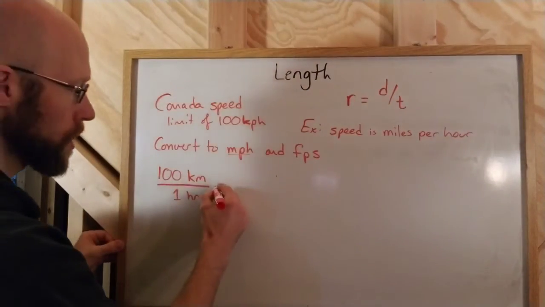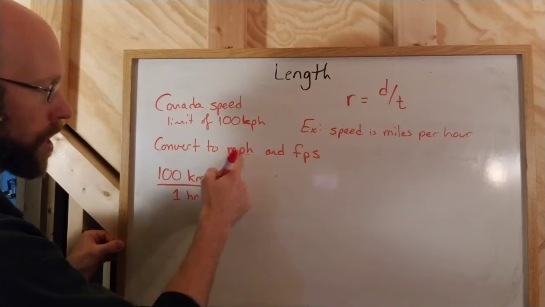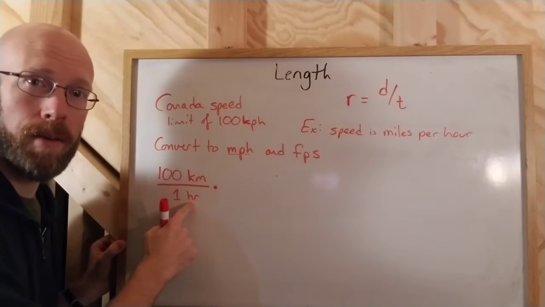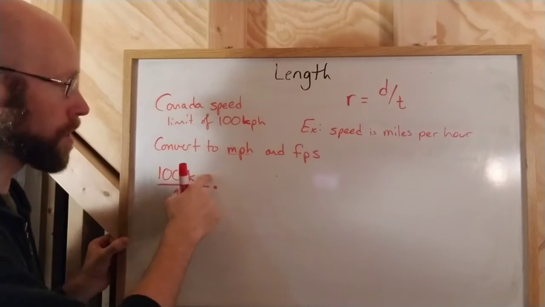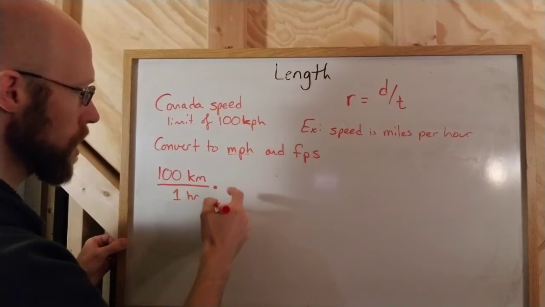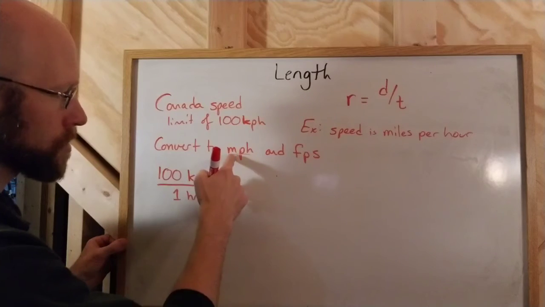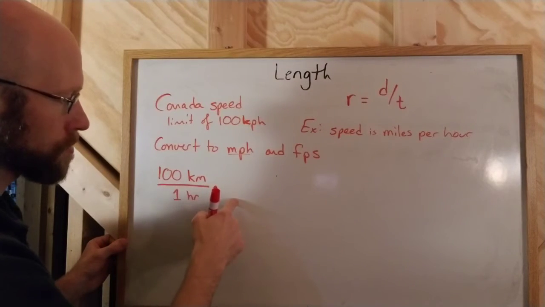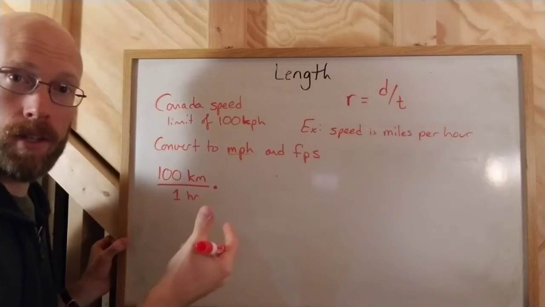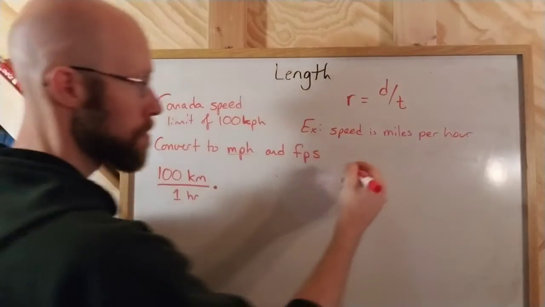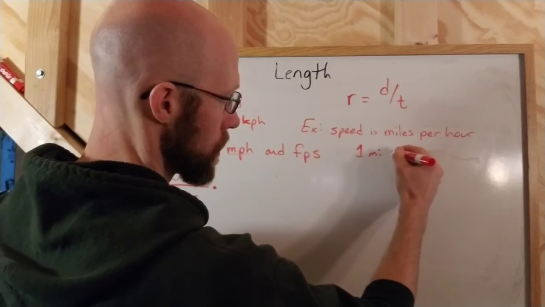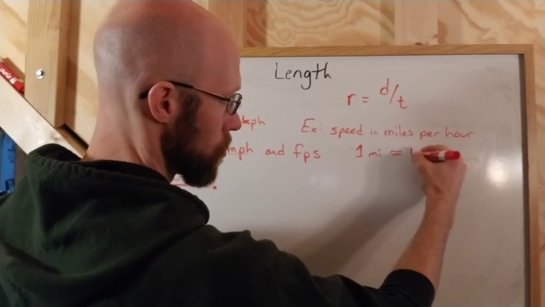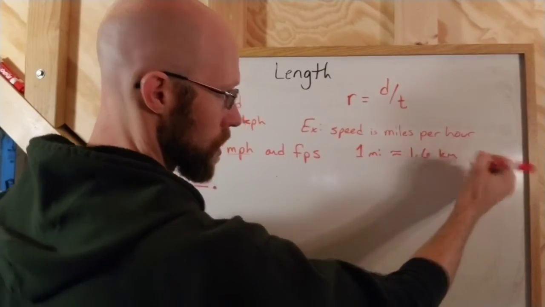Then we need to convert to miles per hour. So we need the hours to stay. I'm not trying to convert the hours. I just want to convert the length part of this, or the distance part. So we want miles on top and kilometers on the bottom. When we have our mile to kilometer conversion, remember, 1 mile is approximately 1.6 kilometers.